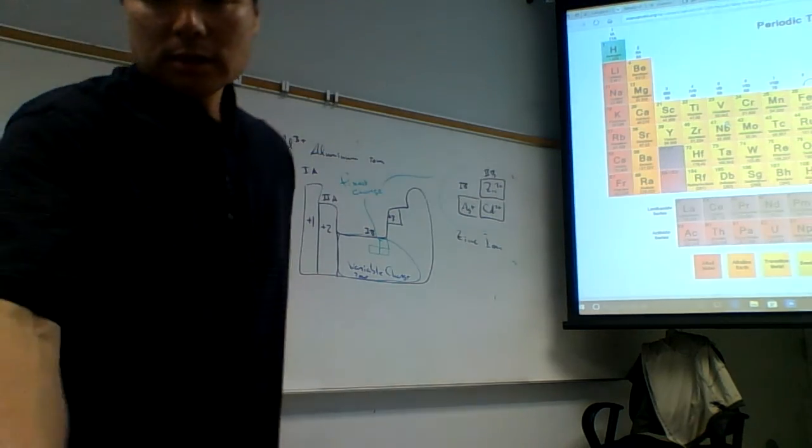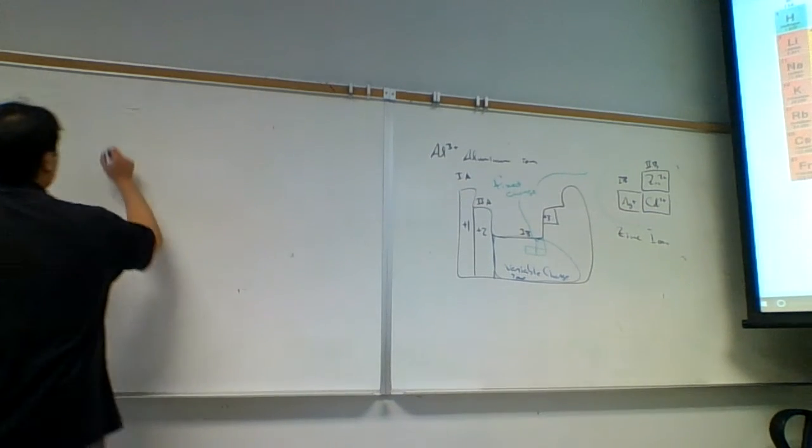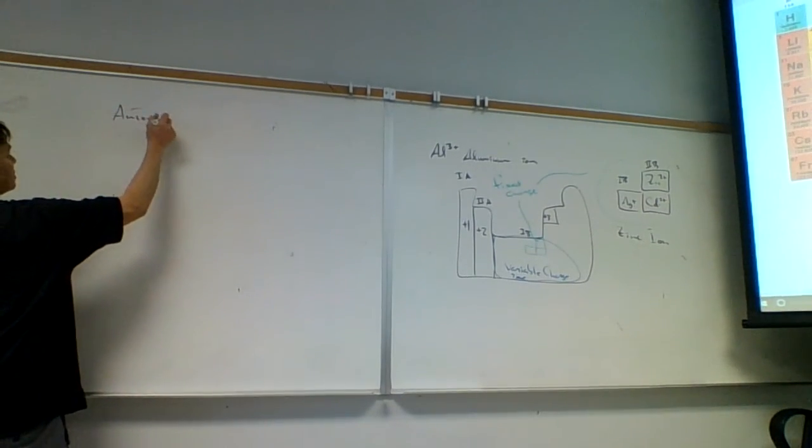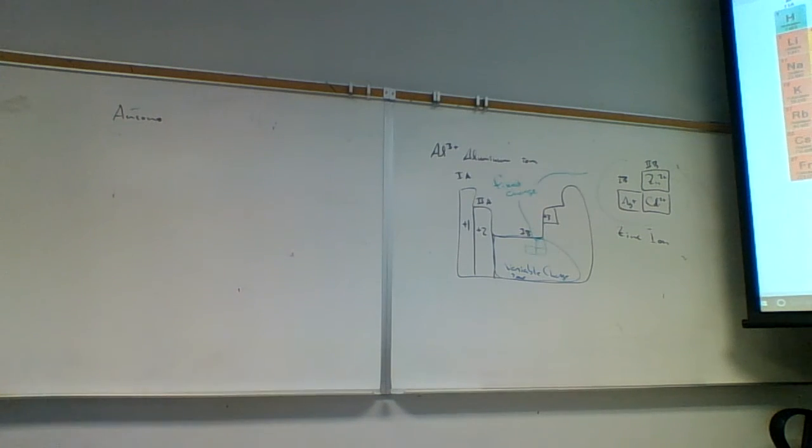All right, the next thing we're going to look at are the anions. The anions are the negatively charged species. And so in the name of an ionic compound, first we name the cation, and so we pick one of these names here, and then we go on to the anion.